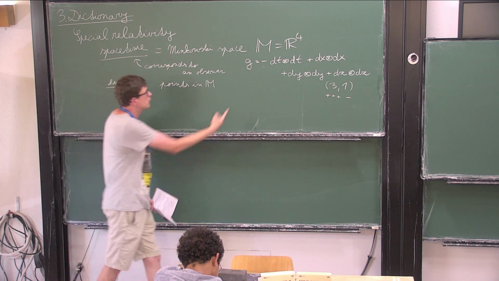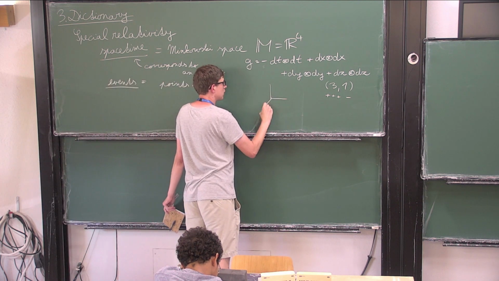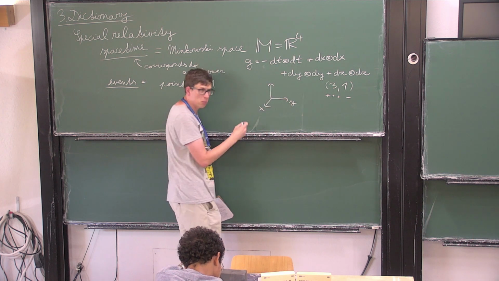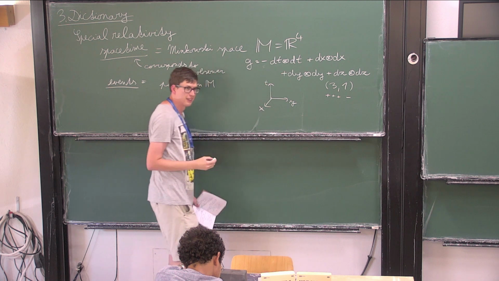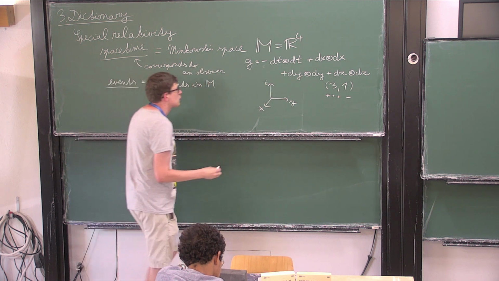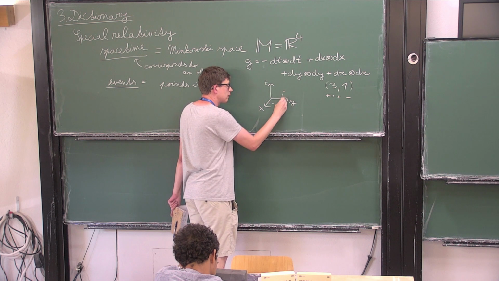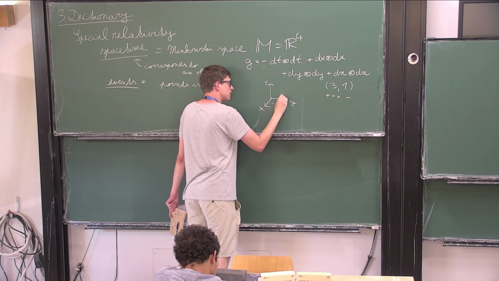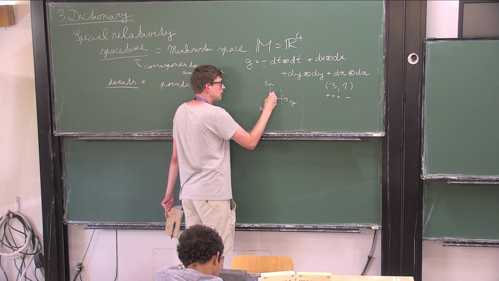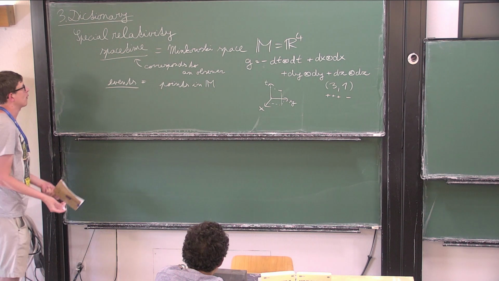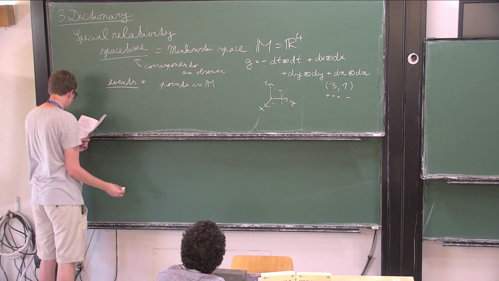If I draw a picture for this, ignoring the z coordinate, the coordinate going up is time. So a point in this space corresponds to something that happened at a precise xy coordinate and at a specific time. Something that happened somewhere at some point, so it's an event. That's what you call it.